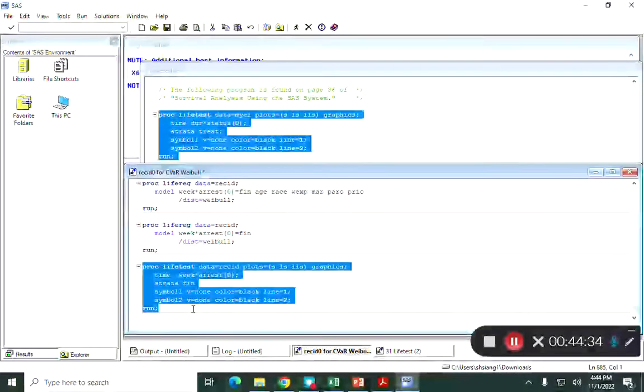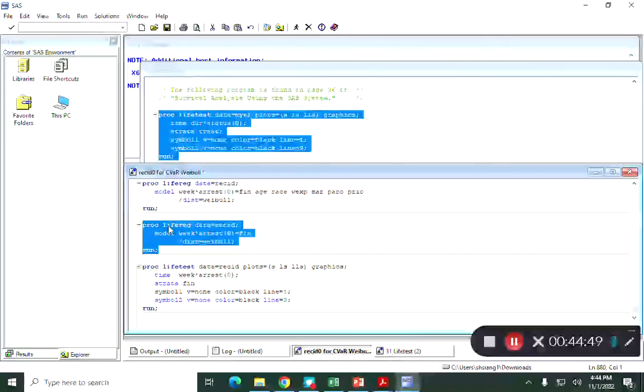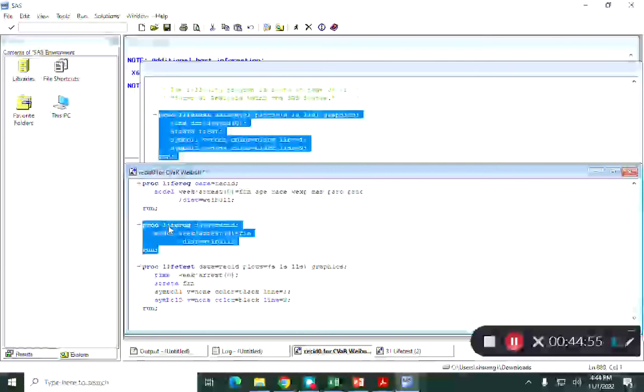And then what does this one do for you? This one is saying, with or without finance, does the regression parameter beta 1 times finance matter? With finance, 1. Without finance, 0. My original model is beta 0 plus beta 1 times finance, right?